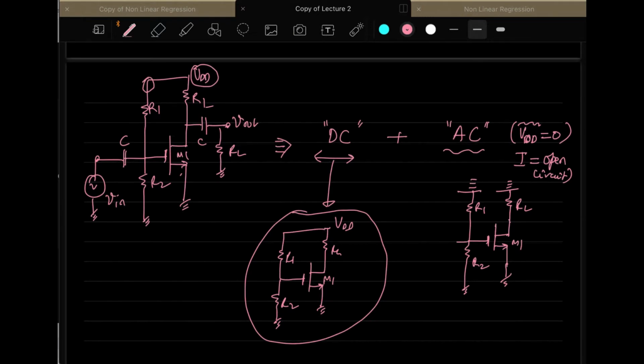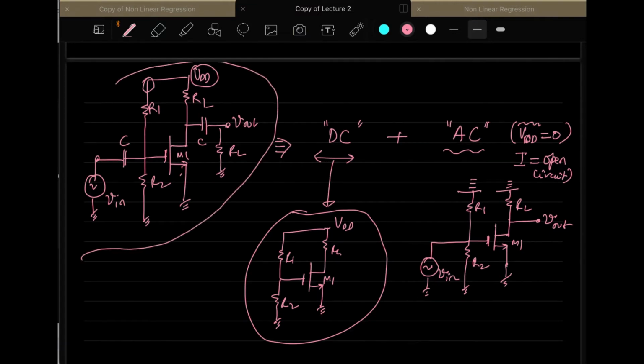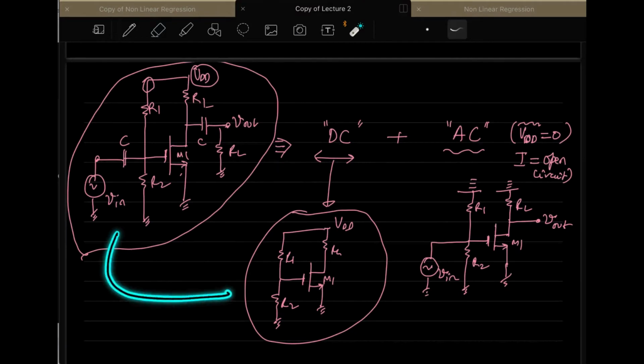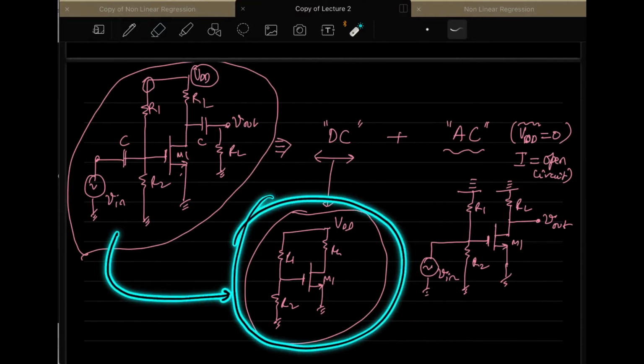And now you will have a voltage input V in, which is a sinusoidal voltage input, and here you will get the small signal output V out. So basically this is the main circuit that you have, and inherently inside the circuit, this is equivalent to this plus this.